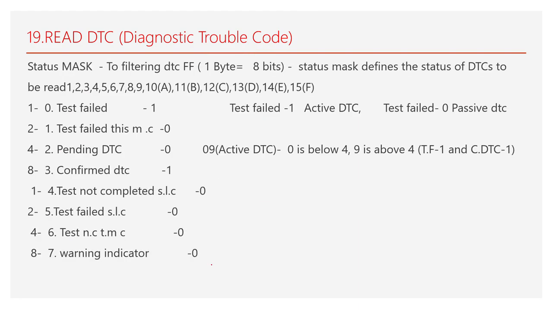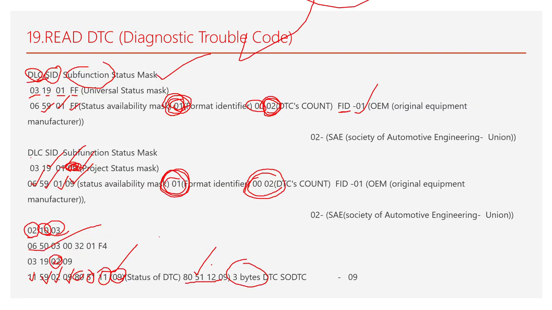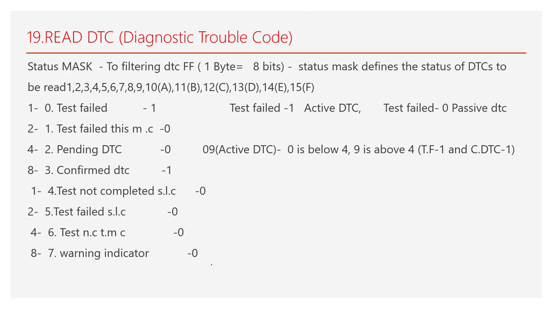This is the example for the DTCs, how we can read the DTCs. The status mask is used for filtering the DTCs, here FF.